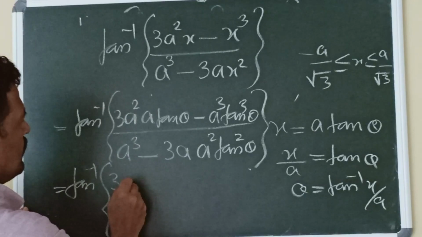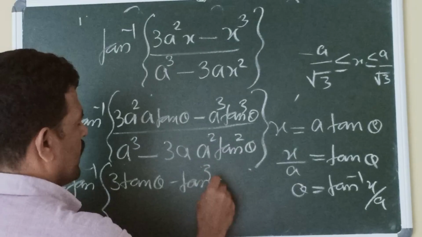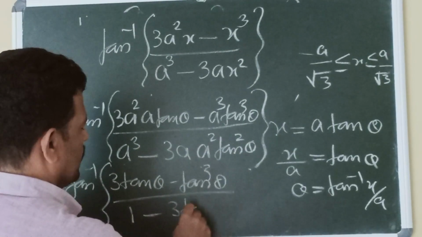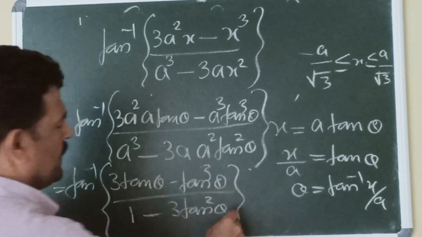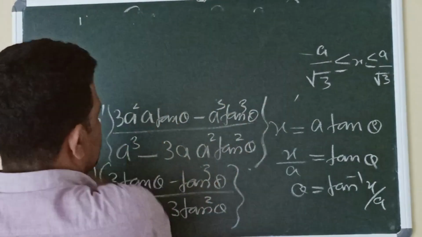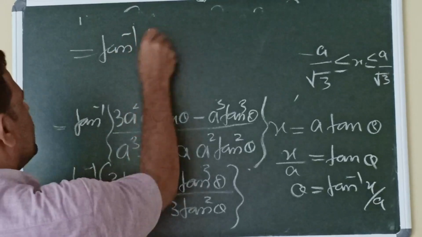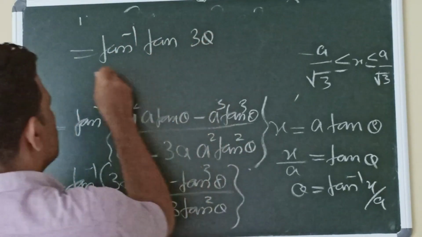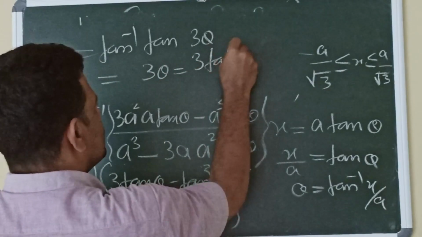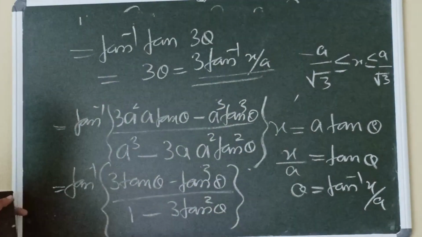It becomes 3 tan theta minus tan cube theta divided by 1 minus 3 tan square theta. That is equal to tan inverse tan 3 theta. That is 3 theta. That is 3 tan inverse x by a. Therefore the simplest form is 3 tan inverse x by a.